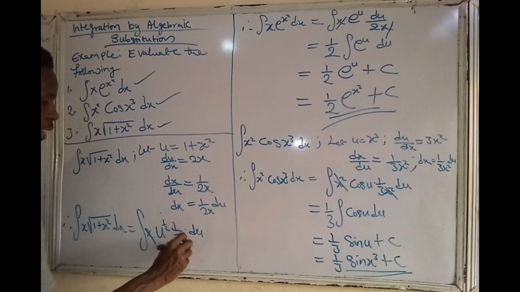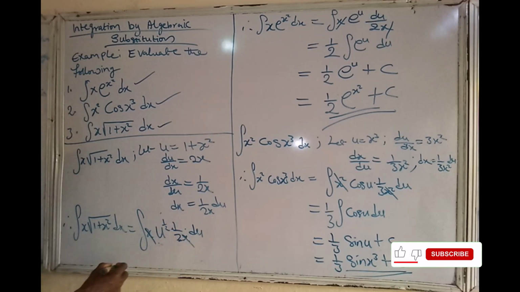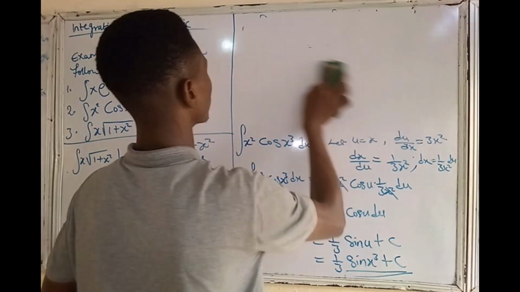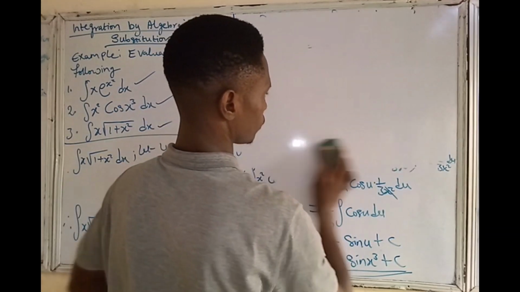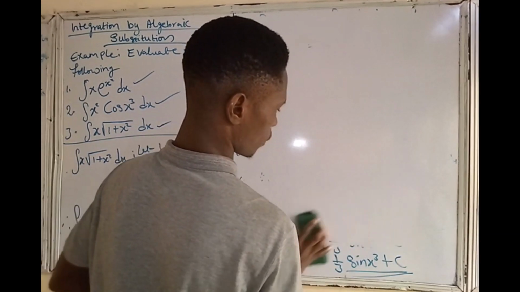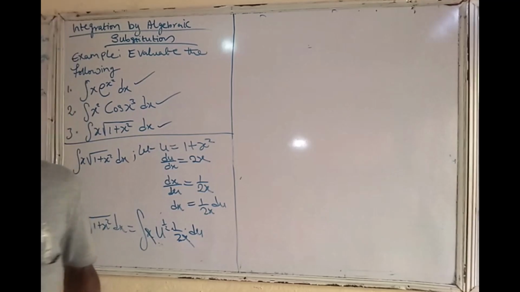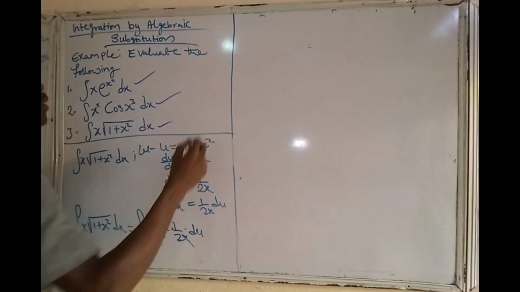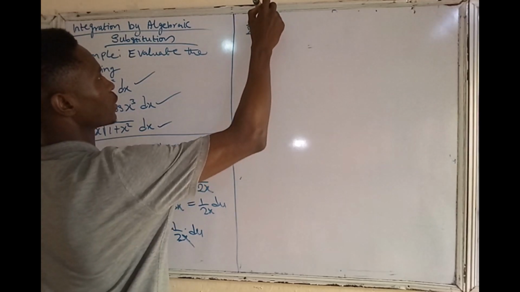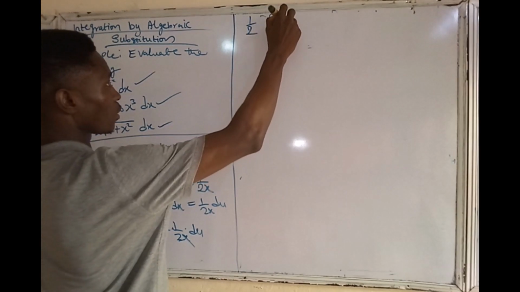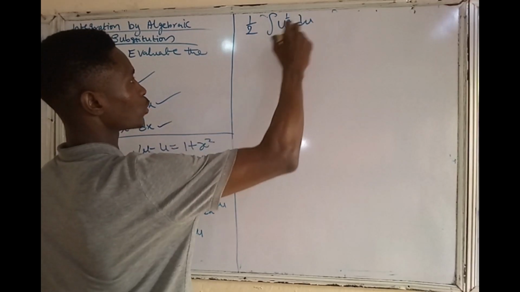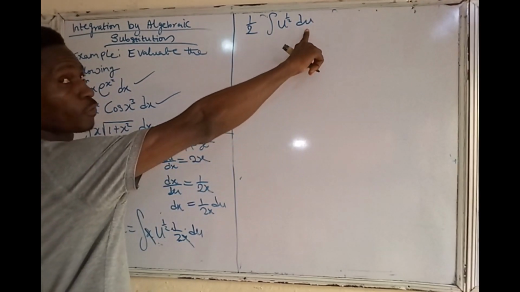So x and x cancel out, we are left with half. Okay, let's use the other side of the board. So we are taking half out, we have half integral of u power half du. So this is now a function of u.